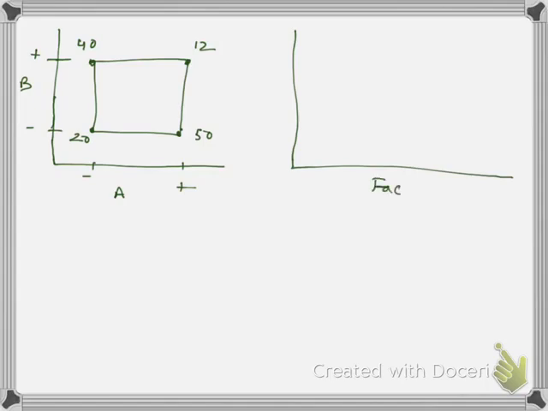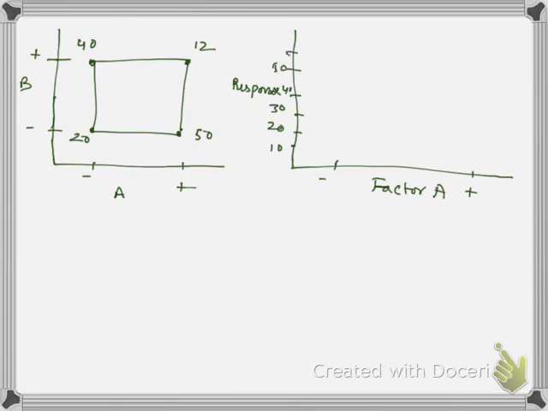So this is factor A, low, high, and this is my response. So here I'm going to plot the response data. Okay, so when factor A is low, B minus is 20. So let's say this is 10, 20, 30, 40, 50.